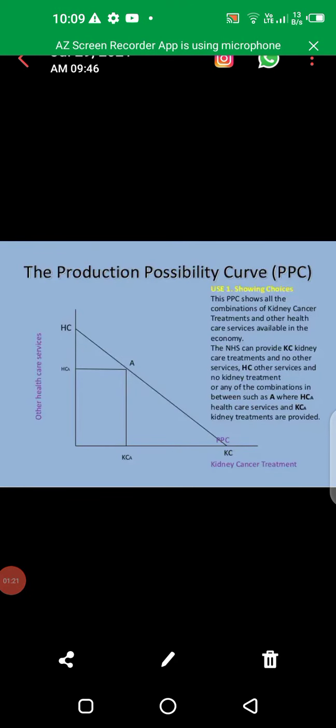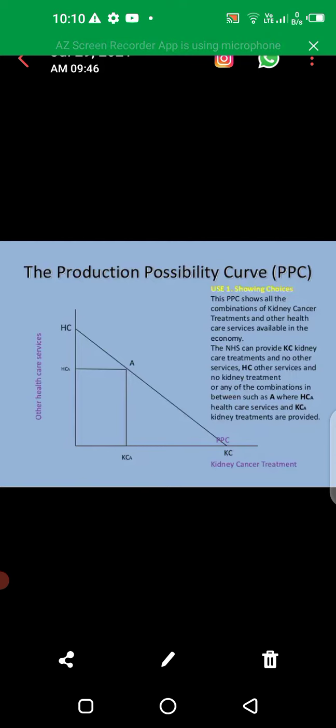Here we can see the diagram of the production possibility curve. This is the combination of two goods, A and B. In the diagram you can see HC on the x-axis and KC on the y-axis, that is, a kidney cancer treatment possibility curve has been shown to you.